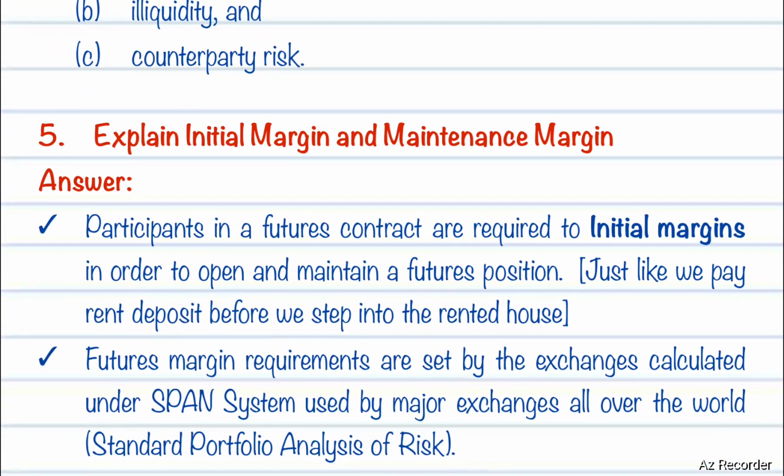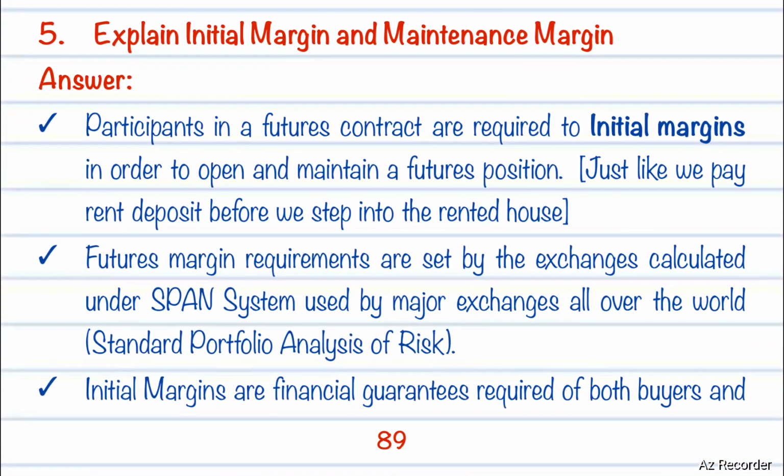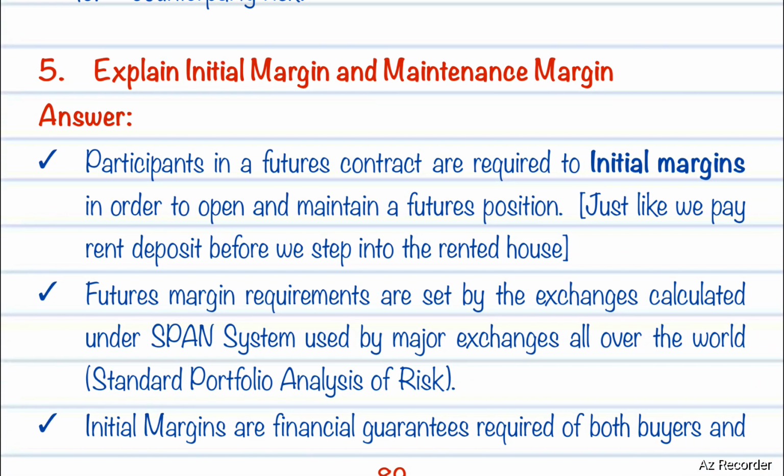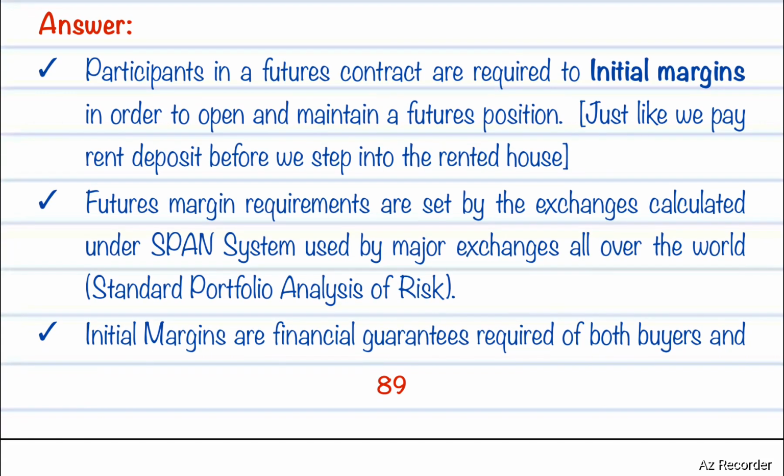Explain initial margin and maintenance margin. Participants in a futures contract are required to bring initial margins in order to open and maintain a futures position, just like we pay a rent deposit before we step into the rented house. Futures margin requirements are set by the exchanges, calculated under the SPAN system, used by major exchanges all over the world.